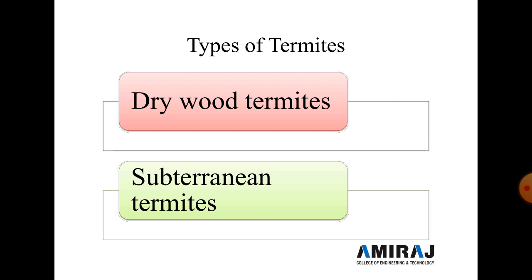Once the termites find food near the building, their growth is very fast, and therefore special treatment should be given. To overcome the difficulties caused by termites, some termite proofing materials are available in the market.